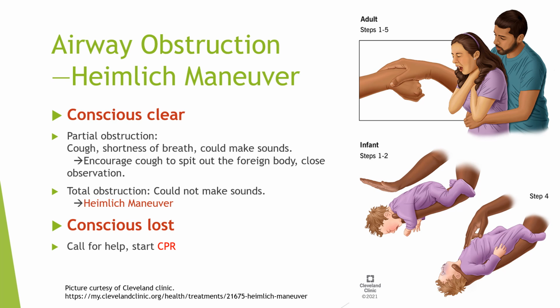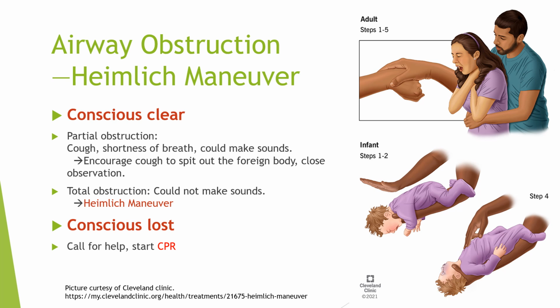Secondly, the patient loses consciousness. If the patient loses consciousness, then we will do CPR. That's another thing we will talk about during the adult BLS. So that's what we do.